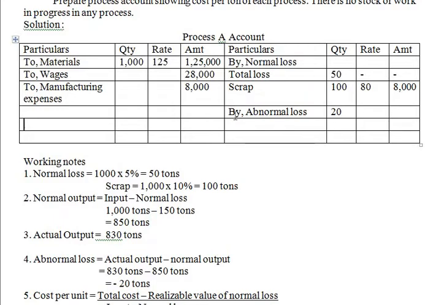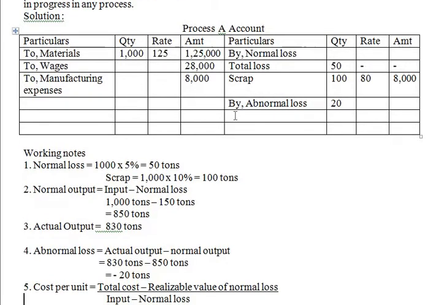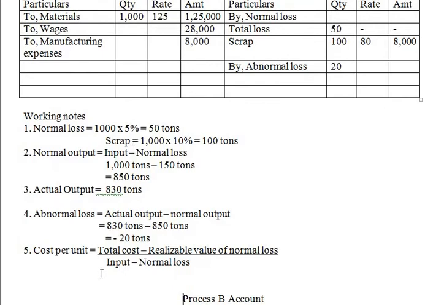Now always remember, either it might be abnormal gain or abnormal loss, cost per ton will be calculated based on cost per unit. So before closing this, roughly we will close this account, and we will find out cost per unit. Now formula is what? Total cost minus realizable value of normal loss divided by input minus normal loss. So this is the formula.